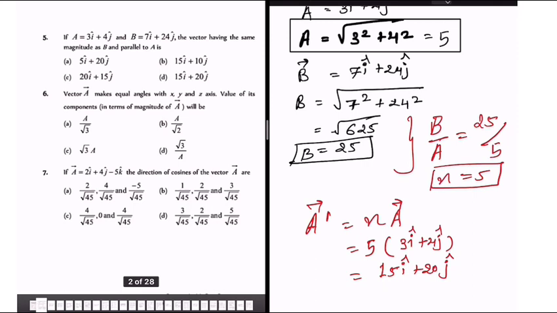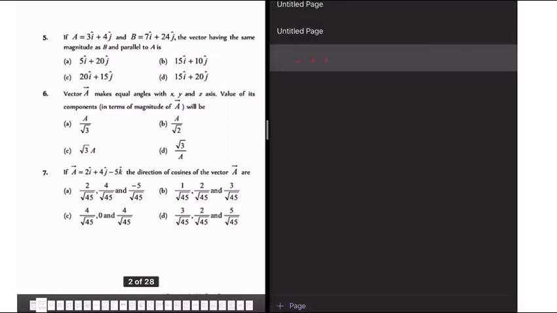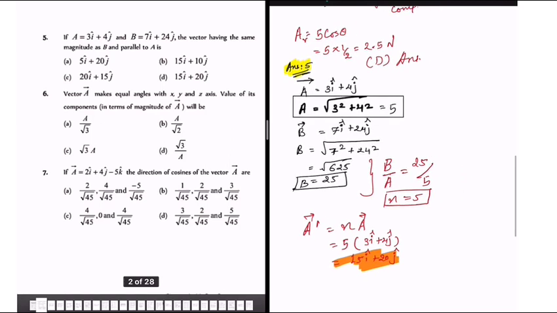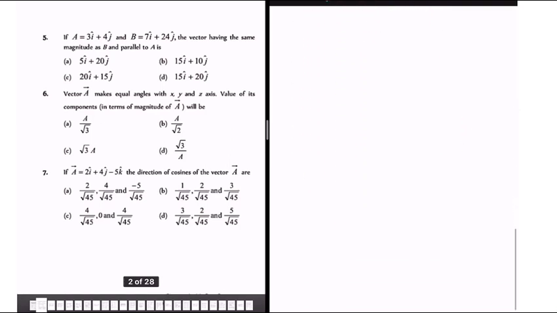D. Delhi. D is your answer. For this, 15i cap, 20j cap is your answer. So this was your question, answer number 5. Just note it down. Next question, sixth.